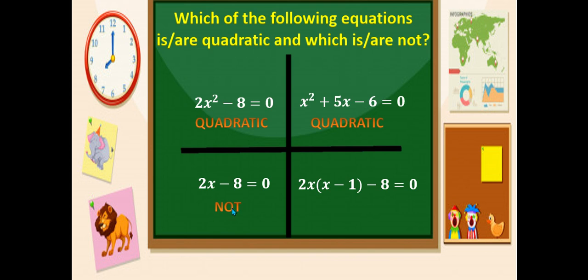Why is the answer not? Observe, the answer is not because the highest degree in this equation is only 1. A quadratic equation is a second degree equation. And for the last equation, actually this is quadratic. Later on, I will explain why this equation is quadratic: 2x times the quantity of x minus 1 minus 8 equals 0.